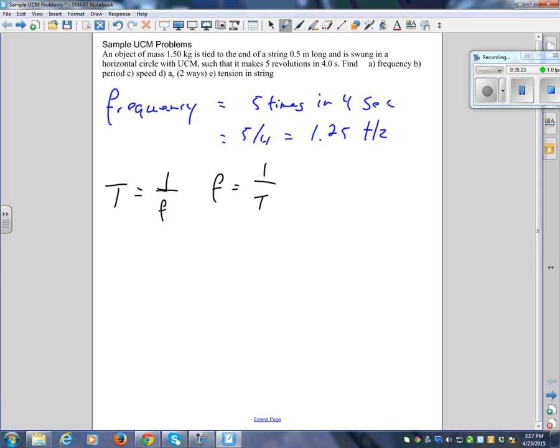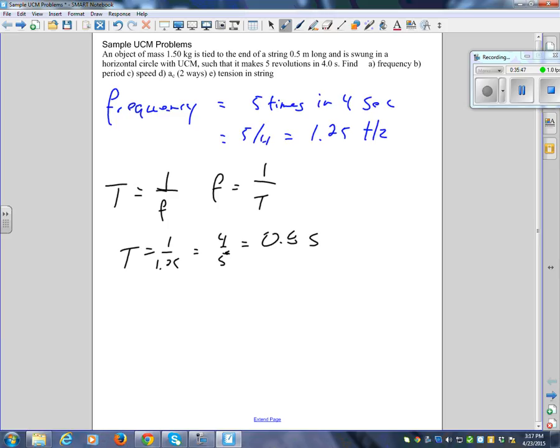So the period in this case is 1 over 1.25, which is really 4 over 5, or 0.8 seconds. It's kind of like the kilometers per hour, meters per second thing. If I give it to you in seconds, you know it's period. If I give it to you in hertz, you can convert it. It's just a flip.